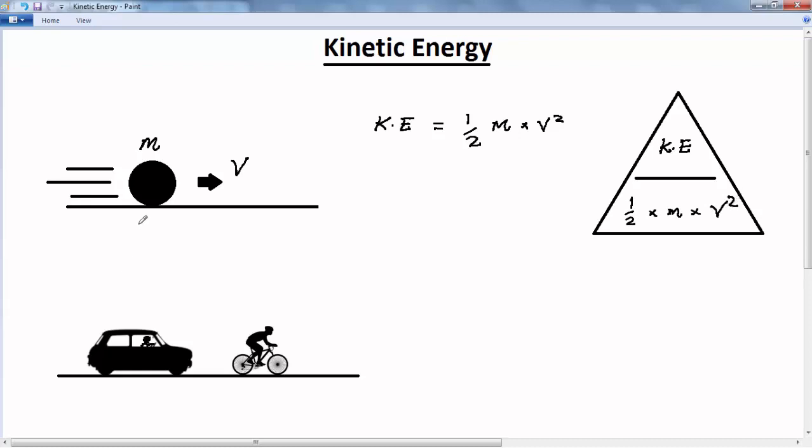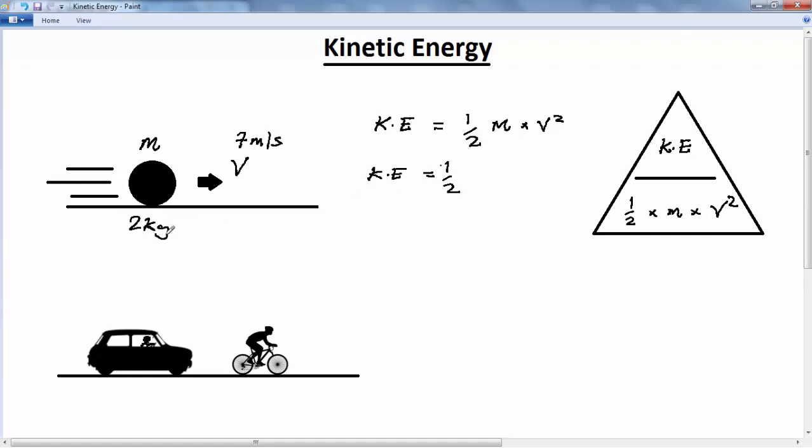So just in this particular case, if the mass of our ball is 2 kilograms and it's travelling at a speed of 7 meters per second, then its kinetic energy will be equal to a half, and mass is always in kilograms, remember, so you always look out for that in exam questions.